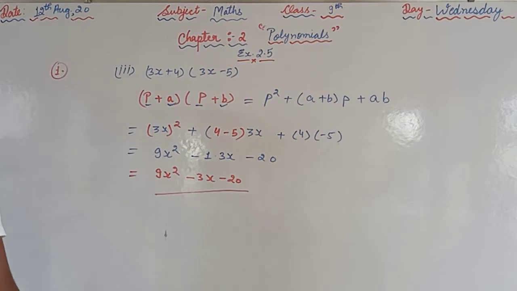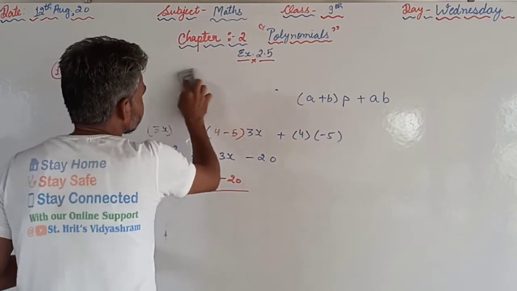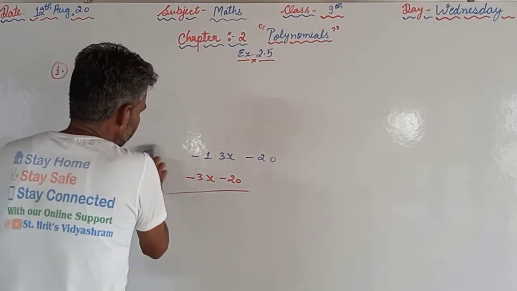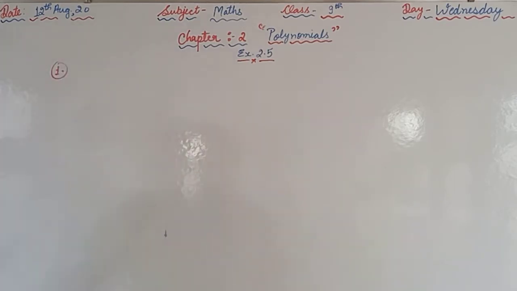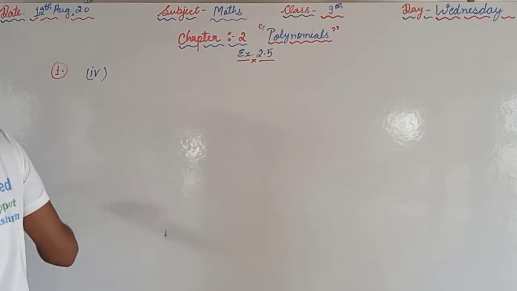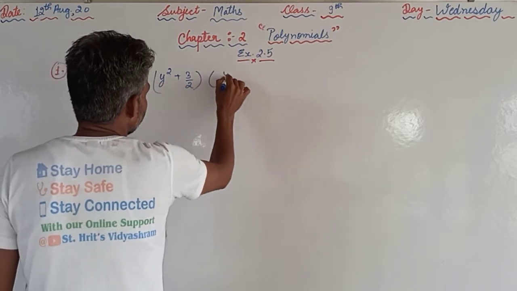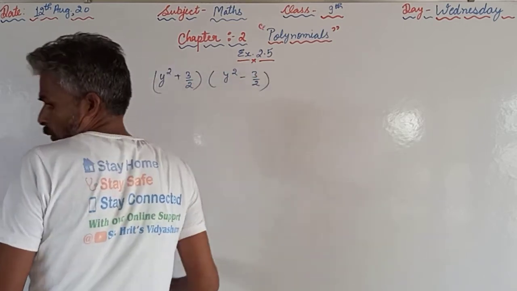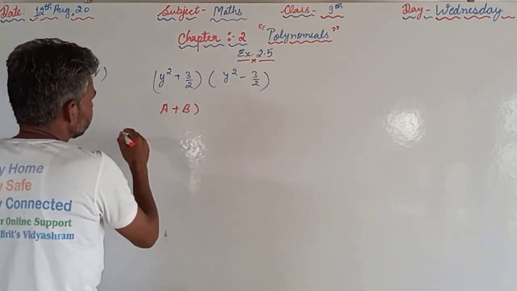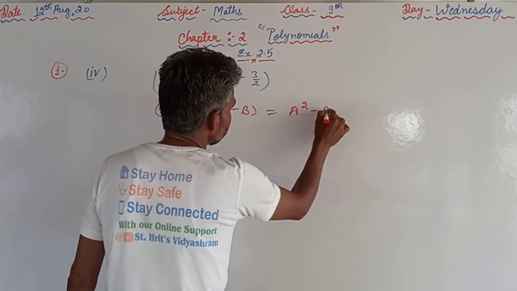Now we will see the fourth part. For the fourth and fifth parts we are supposed to use a different identity. The fourth part is (y square plus 3 by 2) and (y square minus 3 by 2), and we know the identity (a plus b) into (a minus b) is equal to a square minus b square.